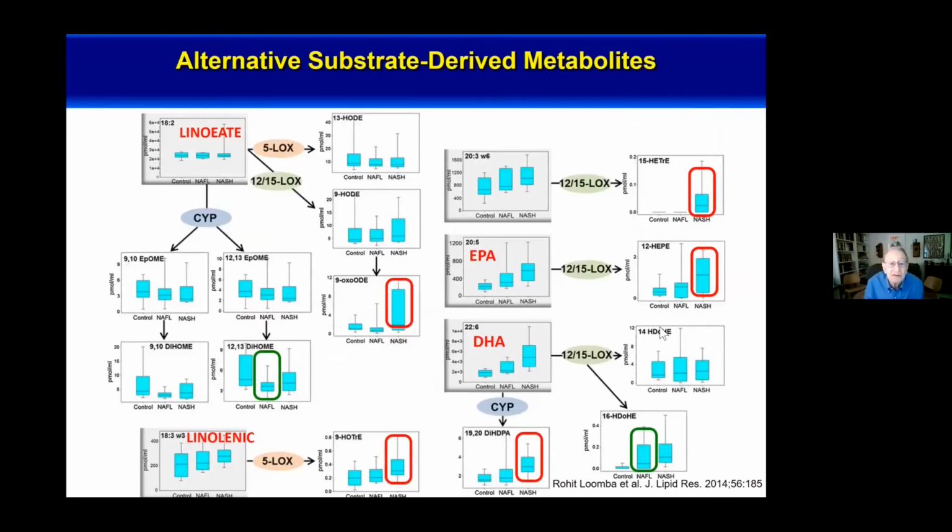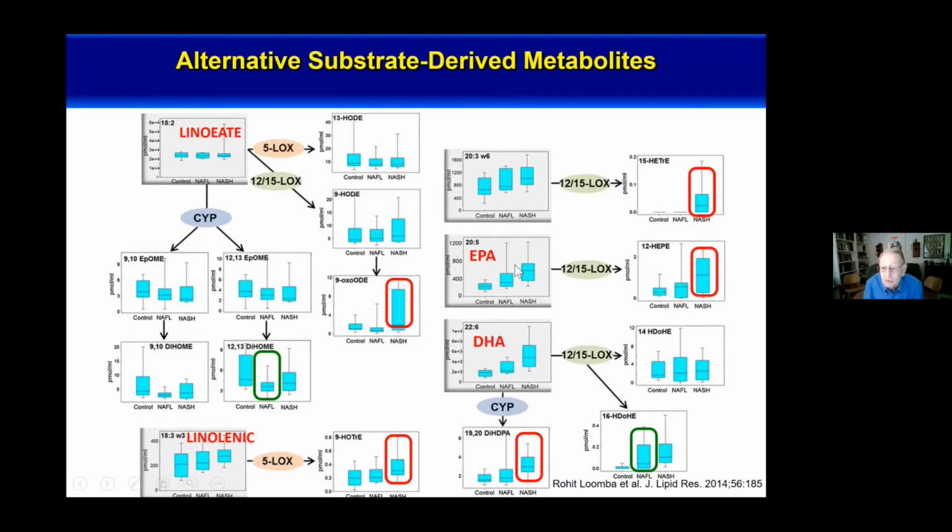On this next slide are shown metabolites of other fatty acids. Linoleate and linolenic acid are two essential fatty acids, as well as EPA and DHA on the right.